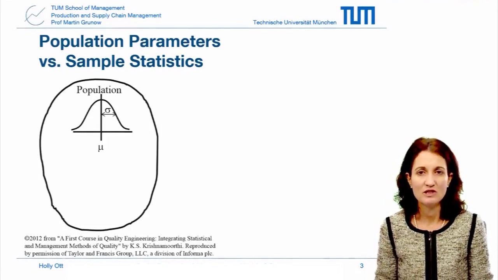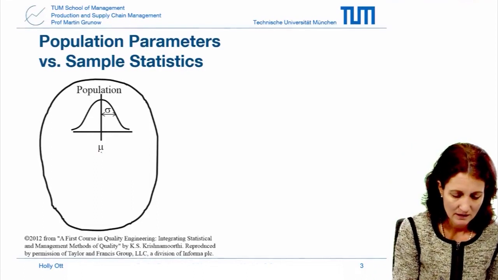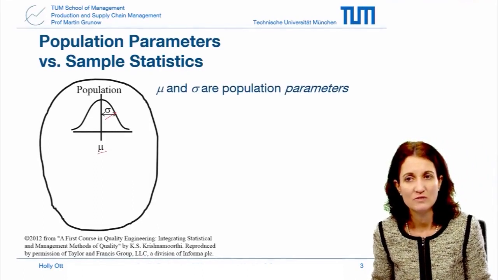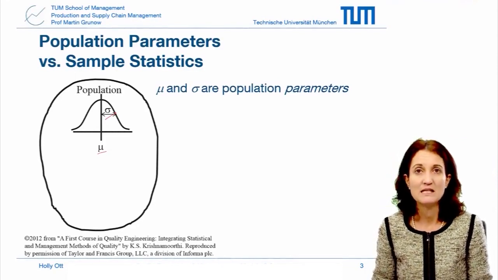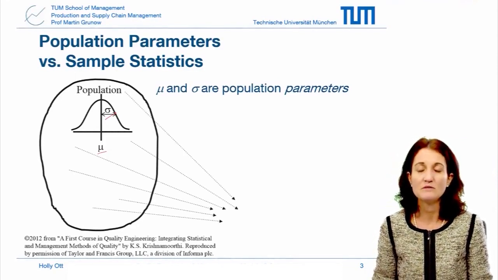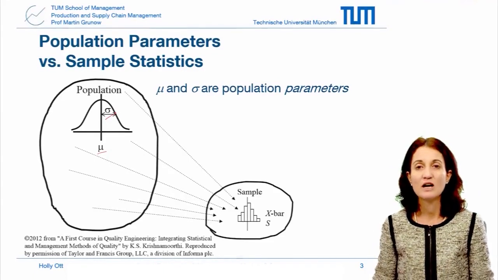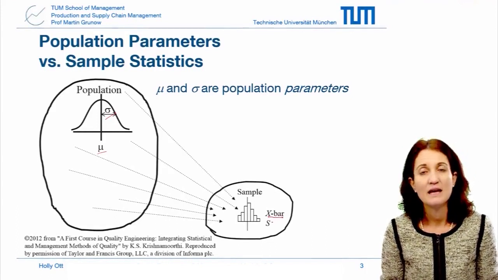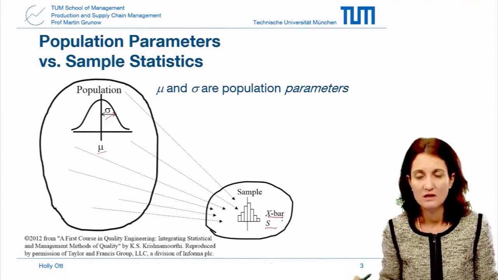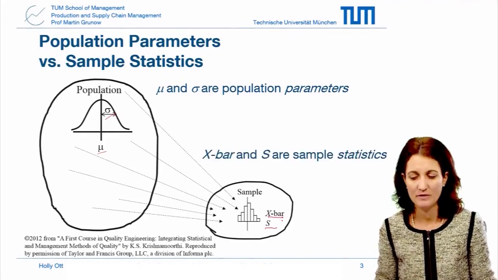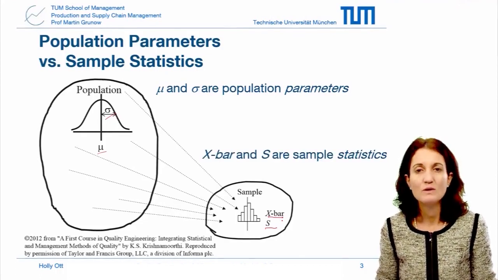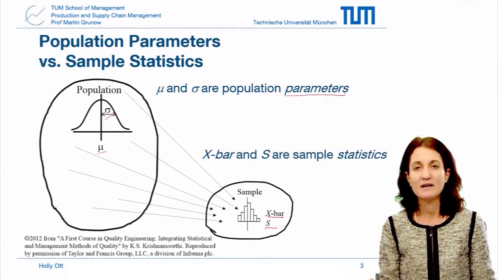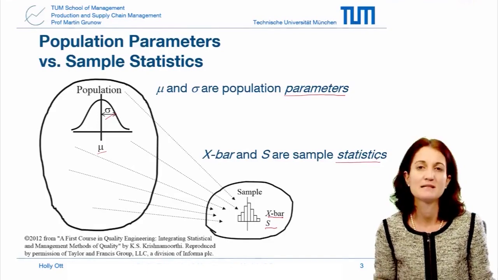So if we have a population where mu and sigma are the mean and the standard deviation respectively, we can then take a sample from that population, and from the data that we take, we can calculate the sample mean, we call that x bar, and the sample standard deviation, call that s. Again, mu and sigma were the population parameters, and x bar and s were the sample statistics.